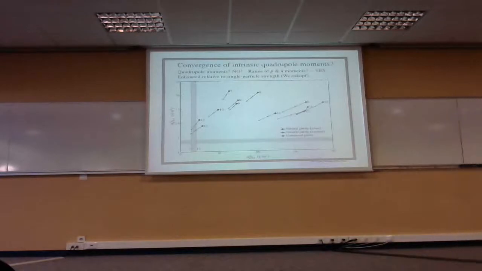Okay, so what have you shown us with these things? For example, you can get not the absolute value, but you can get the ratios. Ratios of P and N? Oh, sorry, I should have said the ratio of the P to the N moment.